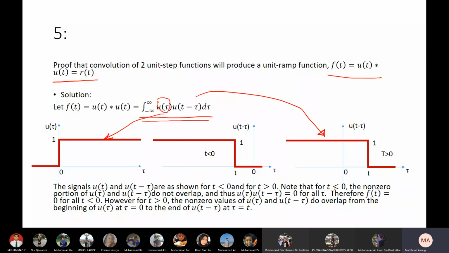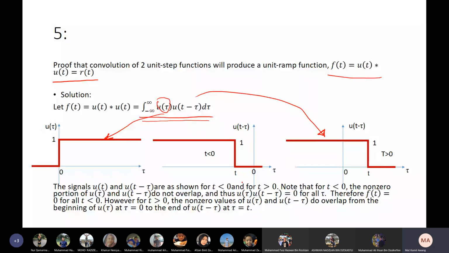Note that for t less than 0, the non-zero portions of u of tau and u of t minus tau do not overlap when you draw this.